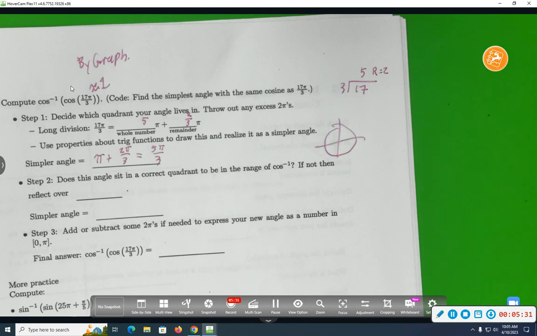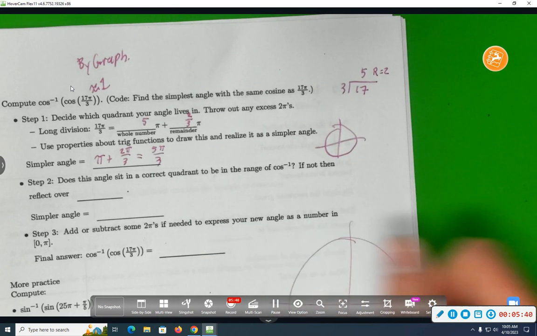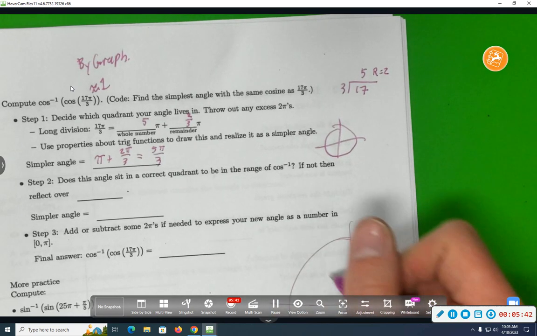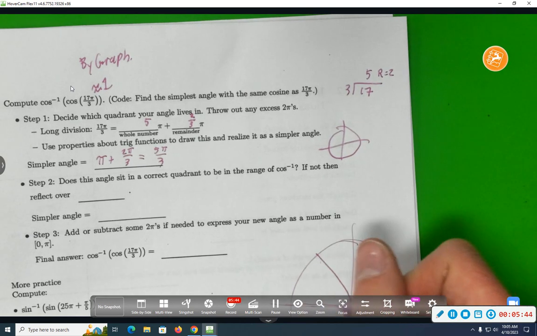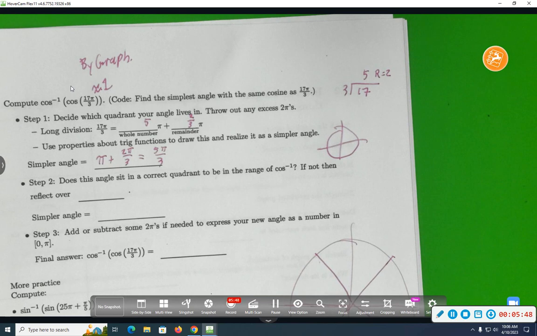Quadrant 4? I think it should be quadrant 4, right? There's 1 pi over 3, 2 pi over 3, 3 pi over 3, 4 pi over 3, 5 pi over 3. So what quadrant is it in? Quadrant 4. Okay, good.